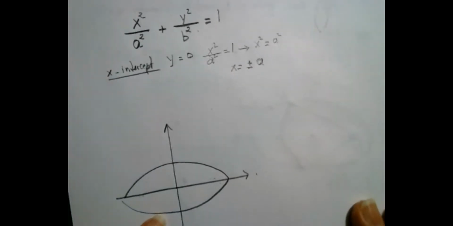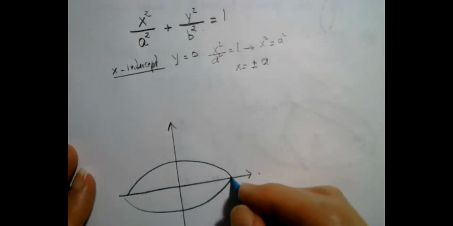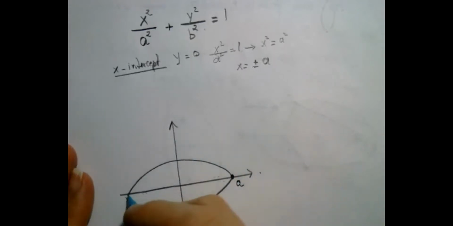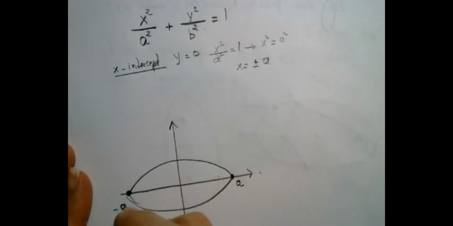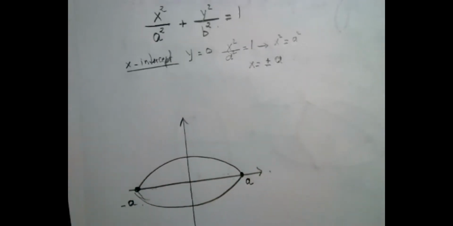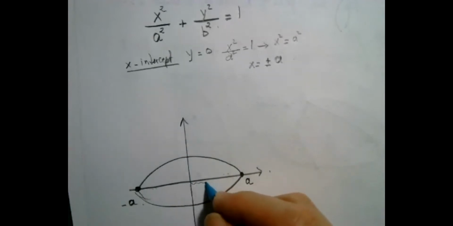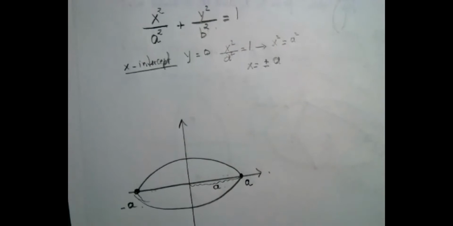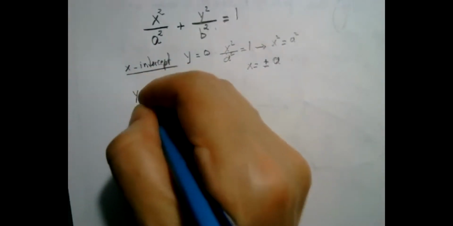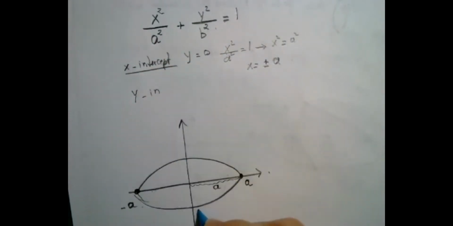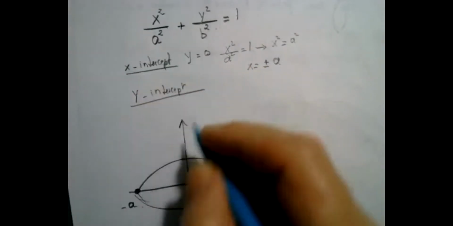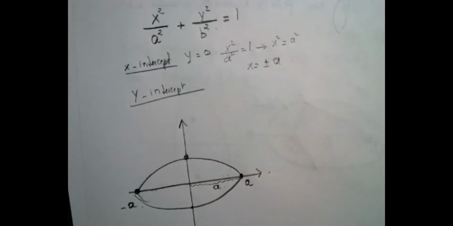So this equation will have that as a shape. This point here will be a, that's the x-intercept, and this point here will be minus a. From here to here, in this equation, this is a. Now, the y-intercept. When does the ellipse intercept the y-axis?